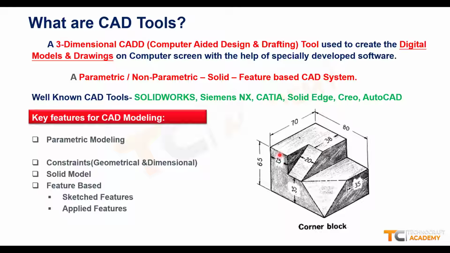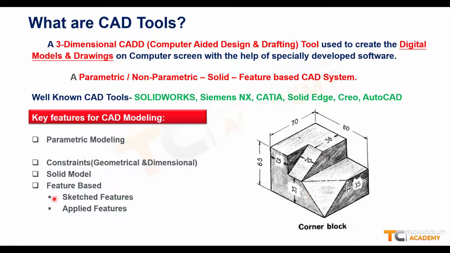Then only can we compare. Assume this corner block weighs 2.5 kg outside, it should be 2.5 in the CAD also. To know that, we should assign the density of the material. We can assign everything, but density plays a very important role. Is that clear? We can even apply the appearance, and we can do the analysis on this by applying the mechanical properties.